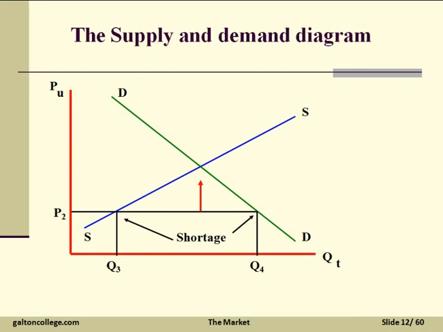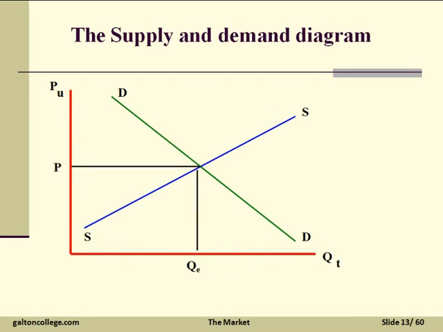Producers will put more on the market because it's more profitable to make this particular product. Again, the whole thing is moving towards the equilibrium. So when we have a surplus or a shortage, forces come into play automatically, pushing the market towards the equilibrium.